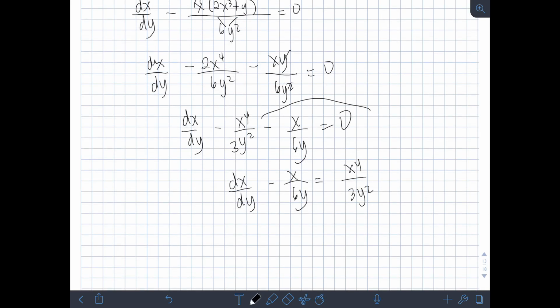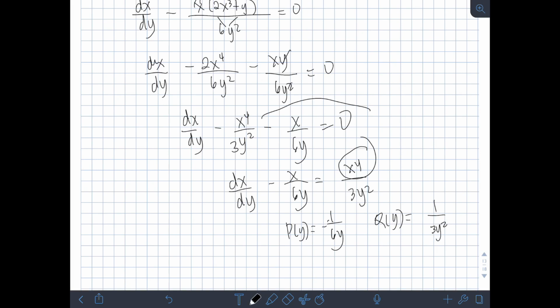So, linear siya in x sana, kung saan yung this time p of y mo is 1 over 6y. Tapos q of y mo sana is itong 1 over 3y squared. Kaso, meron kang x to the fourth na term.